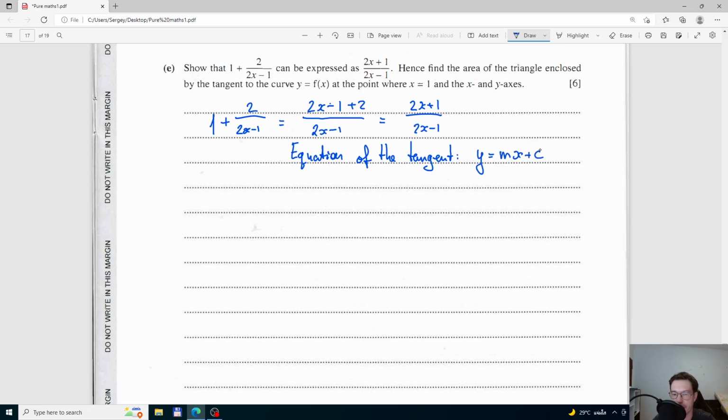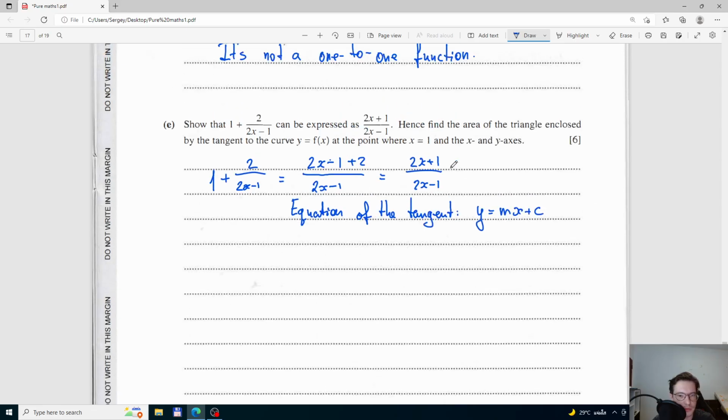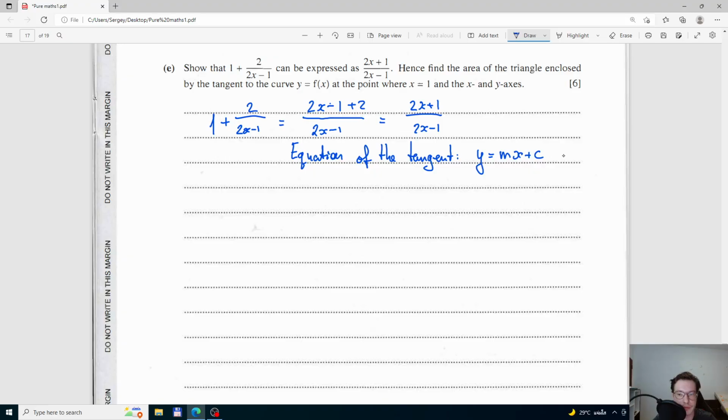Now, m is the gradient, and the gradient of a tangent is given by the derivative at a certain point, which is, okay, x equals 1. That's my point.